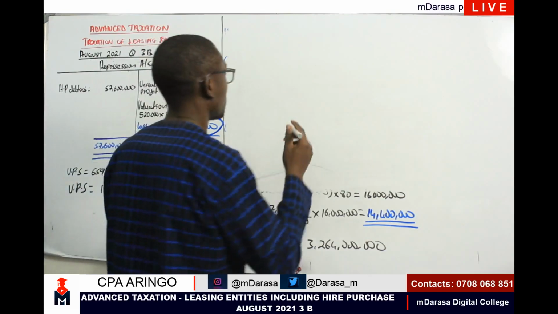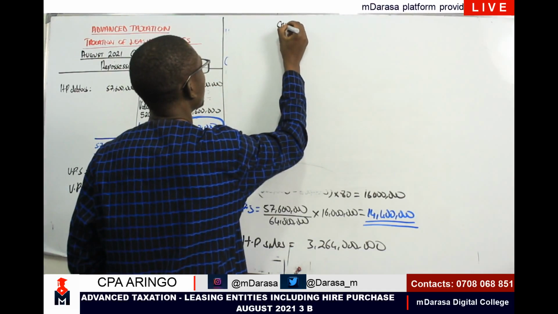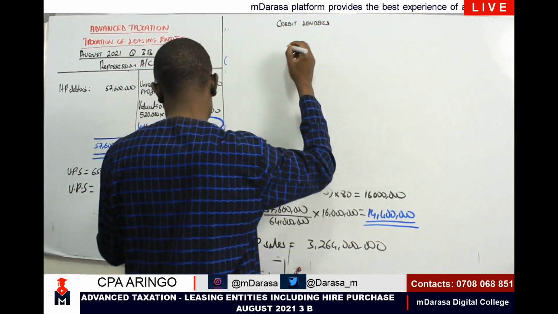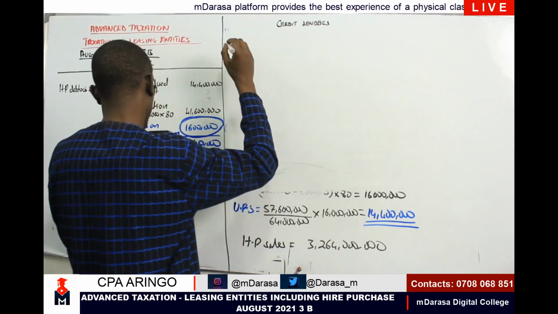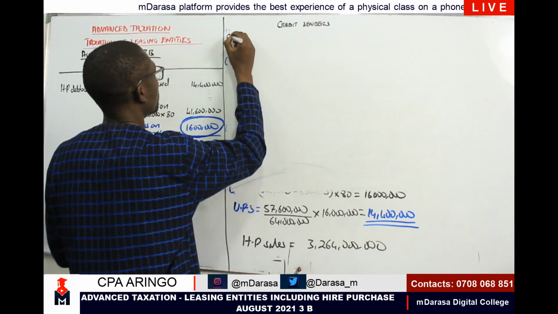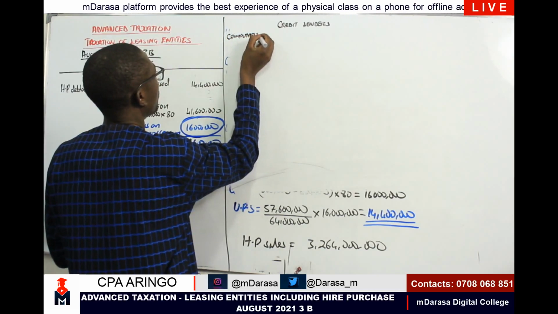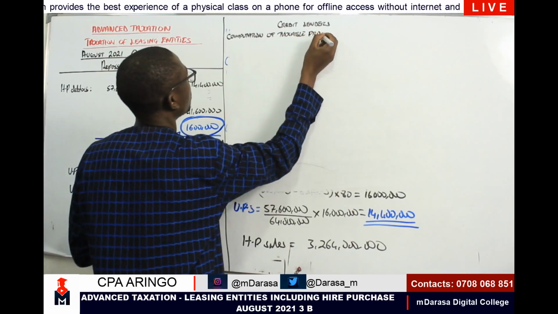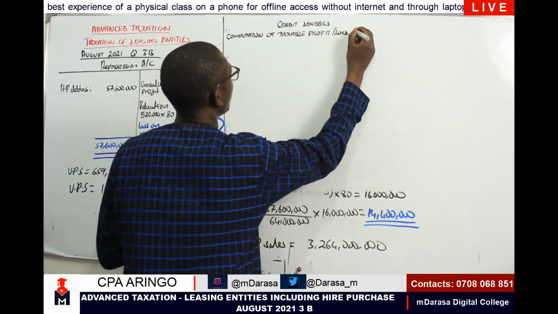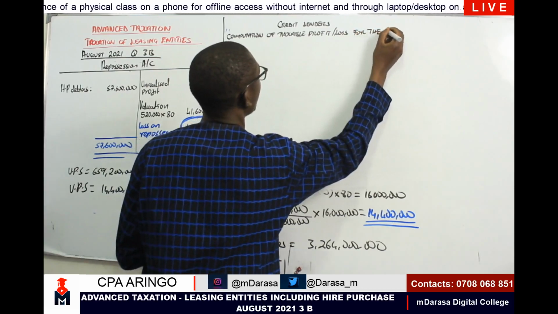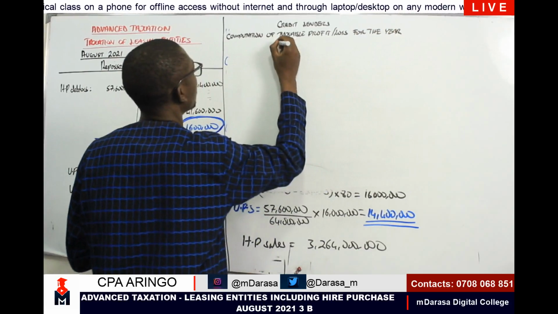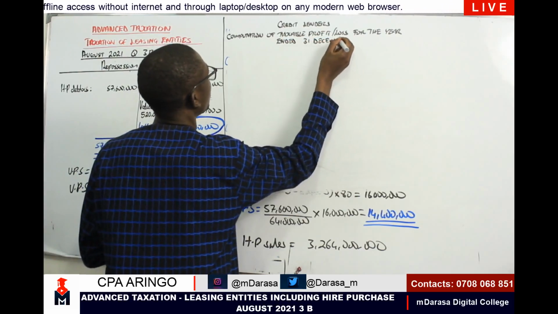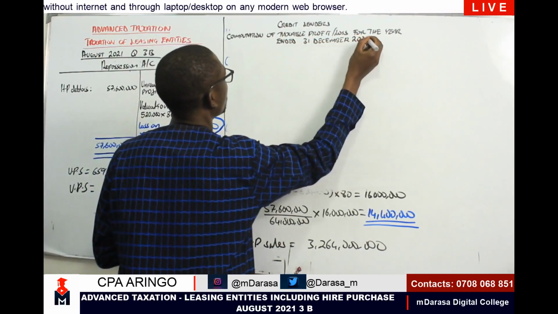We need to prepare their statement: Computation of taxable profit or loss for the year ended 31st December 2020.